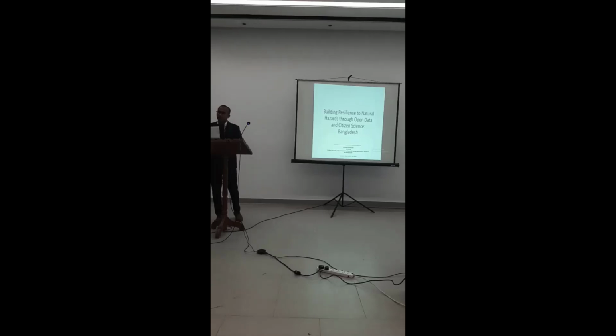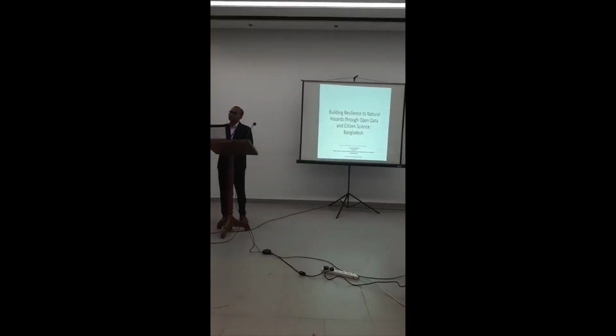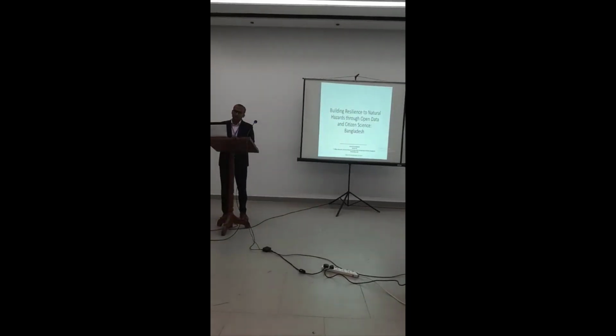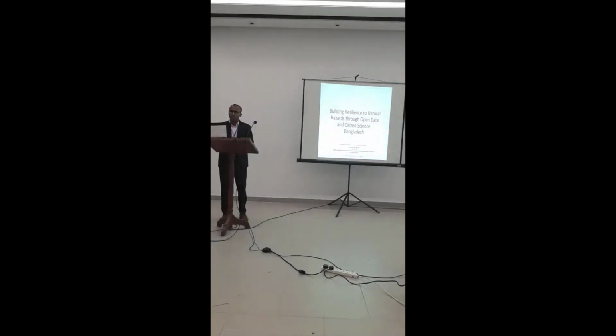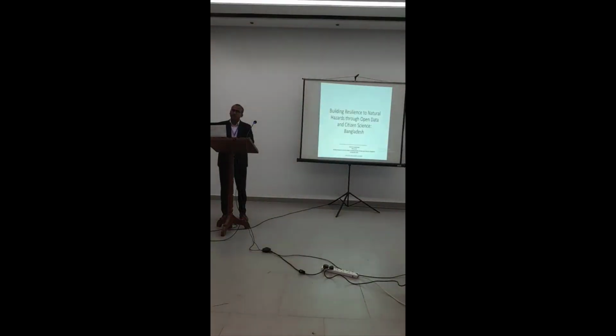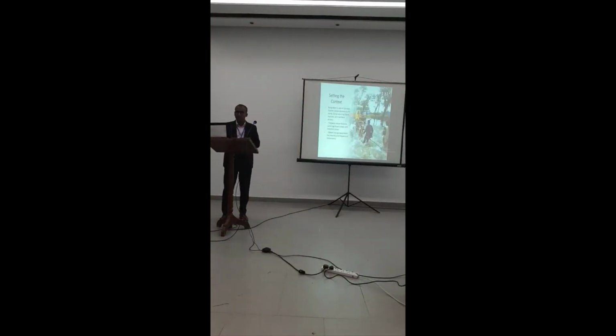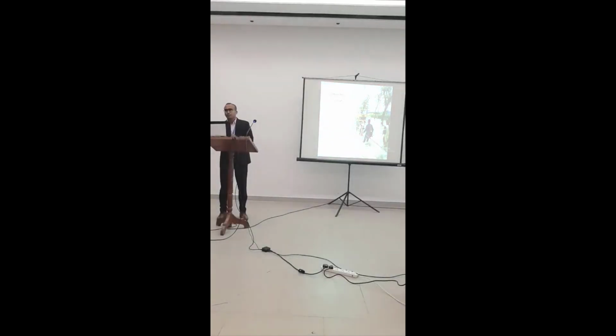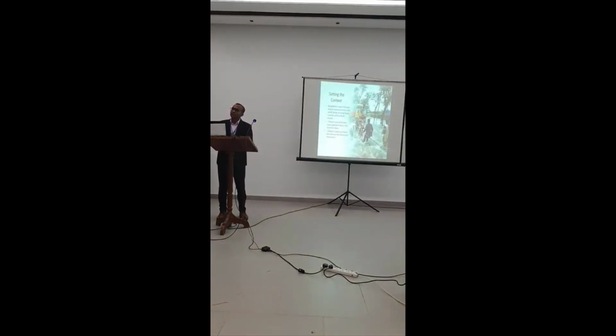There are 4 types of disaster we focus on. This is one of the biggest concerns, building resilience through national hazard mapping. In Bangladesh, you can see all the disaster risk mapping information.